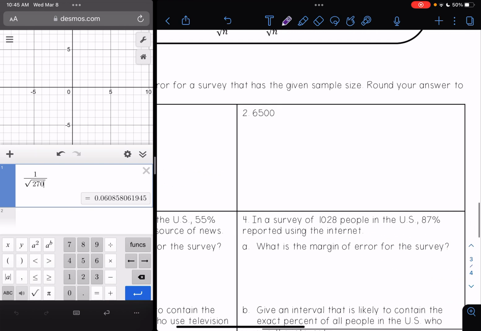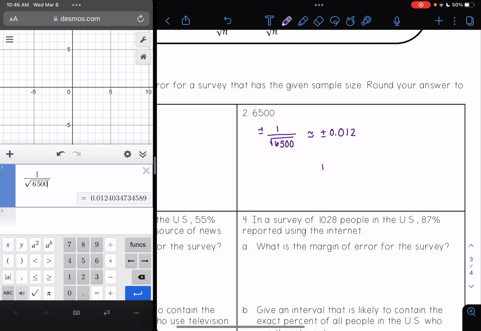Let's look at another one. Now we'll do 6,500. So I have 1 over the square root of 6,500, and rounding that to 3 decimal places, I get approximately plus or minus 0.012.